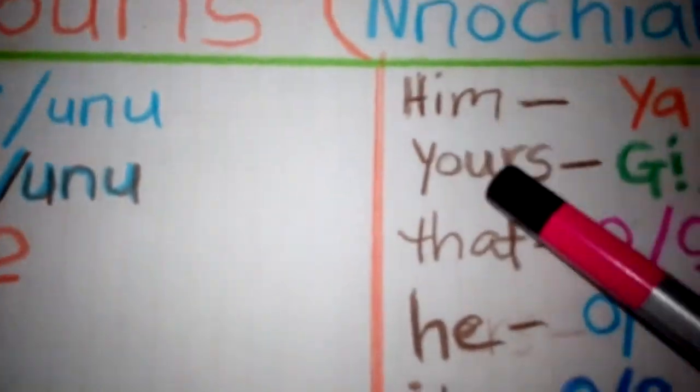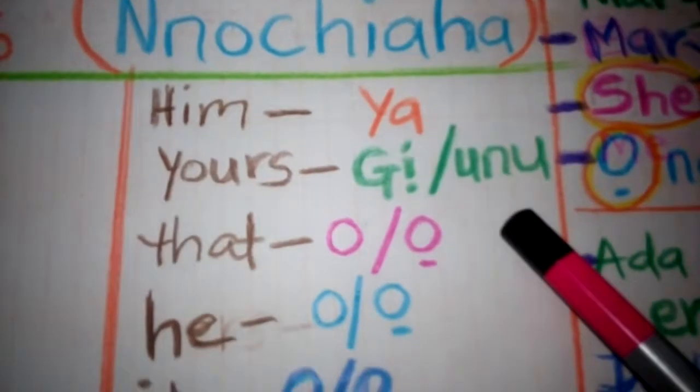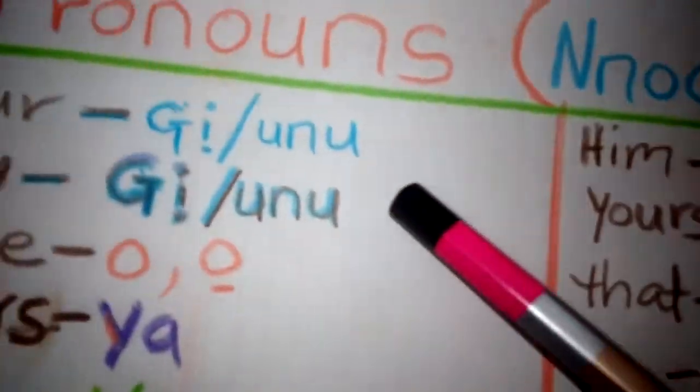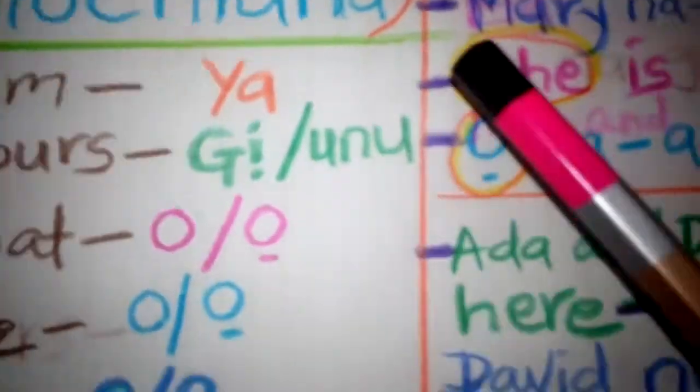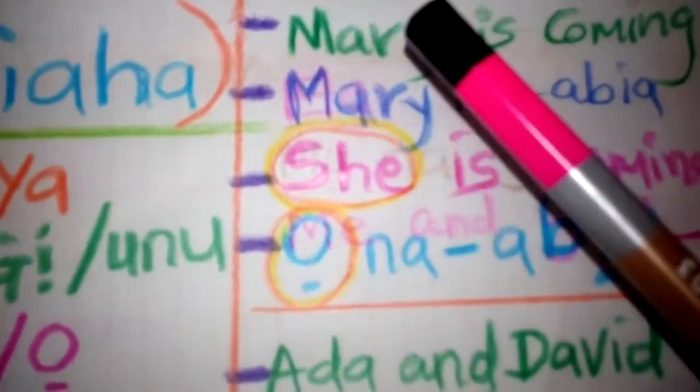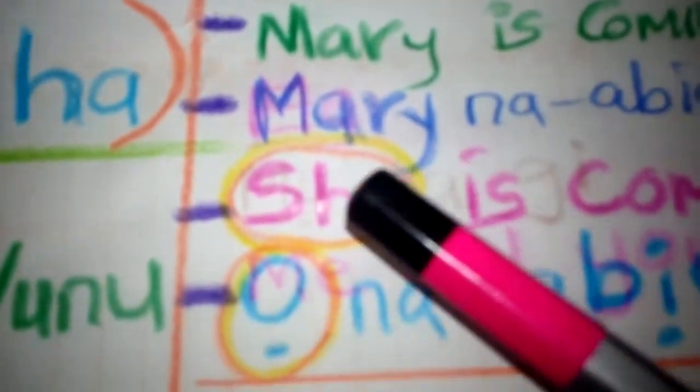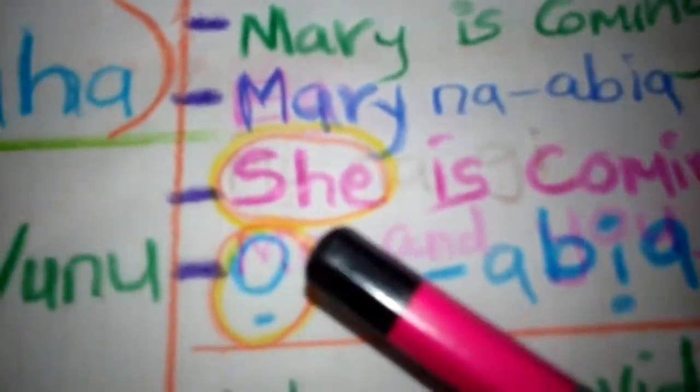Okay, so let me give you an example of some of them in a sentence. Mary is coming. Mary na-abịa. Mary is a noun here.